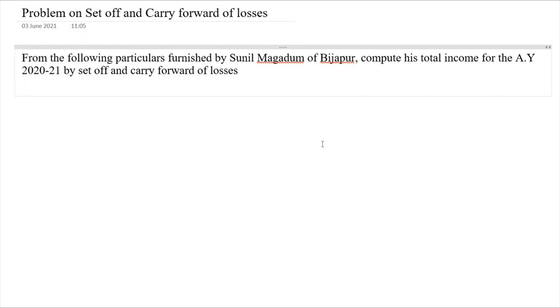So now let's go for the particulars one by one here.